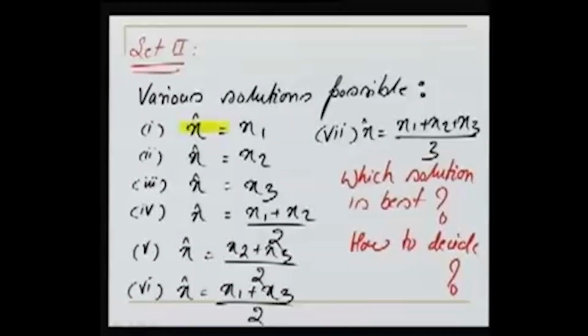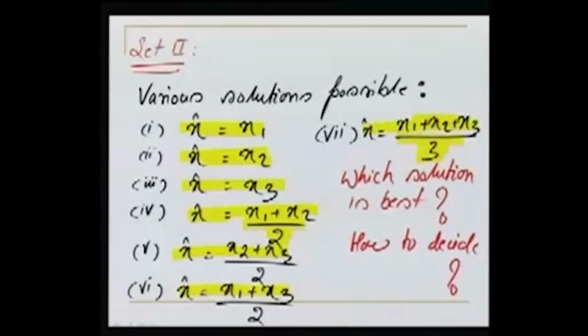If I write all these possible solutions, the solutions could be any one of these observations, the estimate is equal to any one of these observations, or maybe average, as you can see here, estimate is average of first 2 observations. Similarly here and here, or maybe average of all 3 observations.